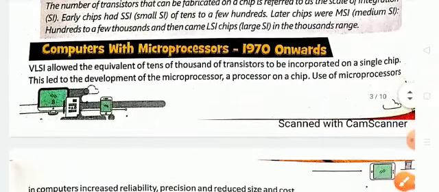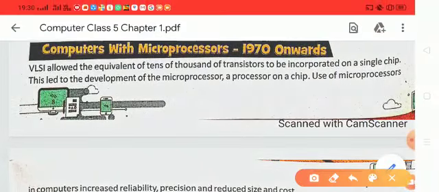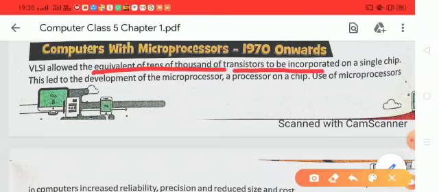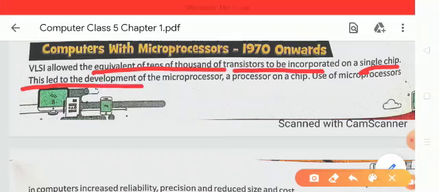Now computers with microprocessors, from 1970 onwards. Okay, so VLSI allowed tens of thousands of transistors to be incorporated on a single chip. Okay, on a single chip. So this led to the development of the microprocessor, a processor on a chip.